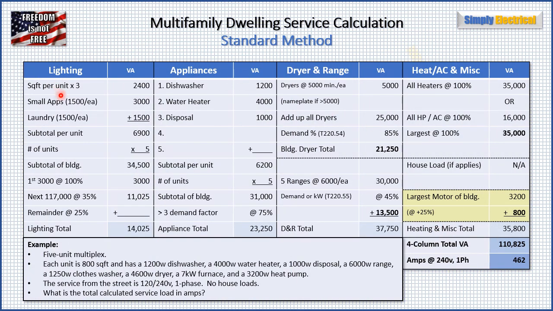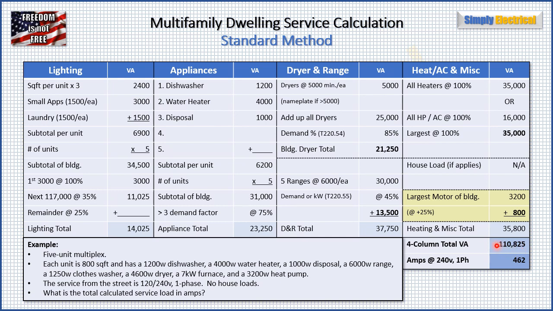Okay, now, so here is the whole template. Actually, this is the whole worksheet filled out for you to see all in one place. We've got all our values plugged in here. You've got your column totals for your lighting, appliances, dryer and range, and heat and miscellaneous. Now we just add these four columns together. We get our 4-column total VA, and this is your building total VA, 110,825.